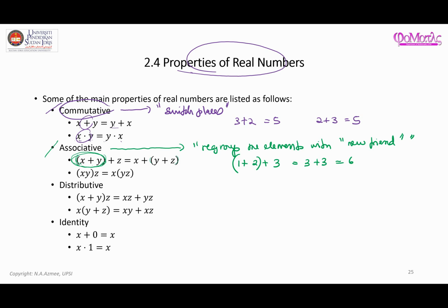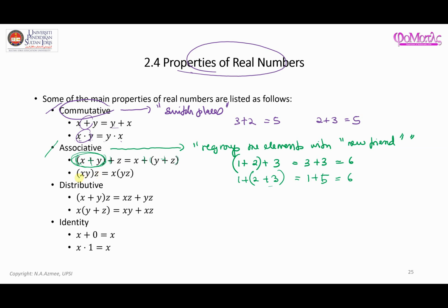Now if you regroup the elements, let's say the group is like this, and you solve the one in the bracket first, according to the basic operations which you have already seen in the previous video, we will have 1 plus 5, and the answer is also going to be 6. So that is the idea of associative. When you have the addition process, the process here can be associative. This is the associative property of real numbers.